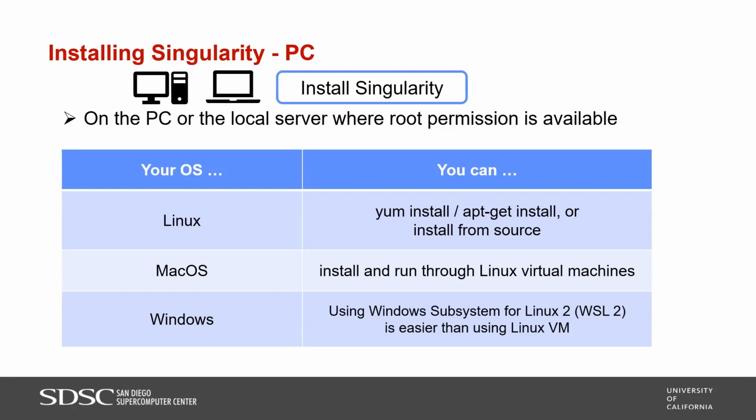You can use yum install, or you can find a pre-built RPM package and then install Singularity with the RPM. Or you can install Singularity from source.